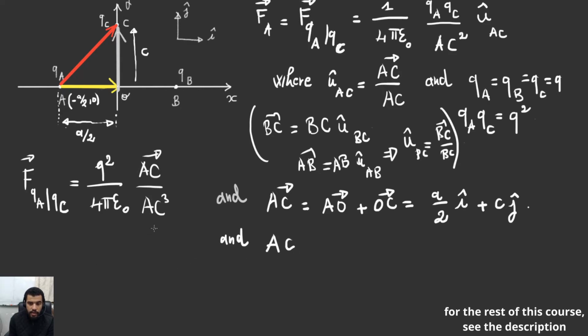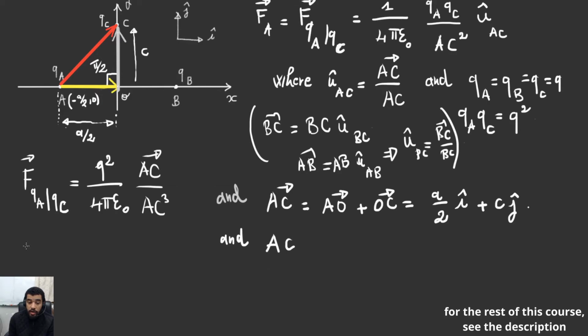And also for AC. What about AC? Remember that here I have a right triangle, because here I have an angle equal to pi over 2, so I can use the Pythagorean theorem.